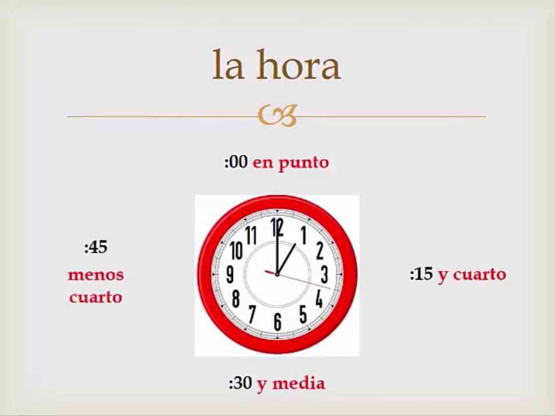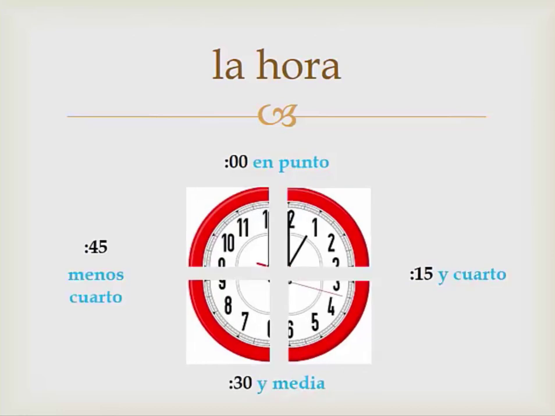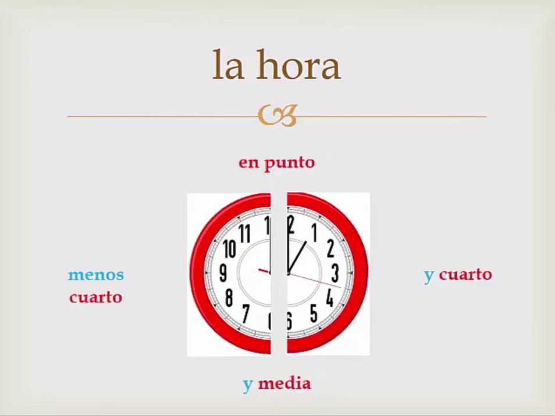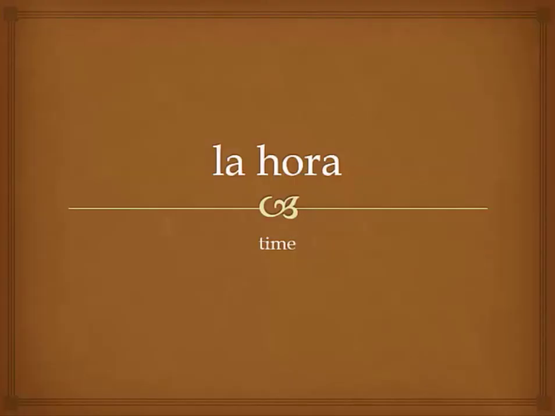And if it's 45, you would say menos cuarto. Those are the four quadrants, or the four quarters, four pieces of the pie. You would say 0 en punto, quarter, half, and minus a quarter. And to finish up, on the left-hand side, you're going to use menos, and on the right-hand side, you'll use y. That's how to tell time in Spanish, using menos and y.